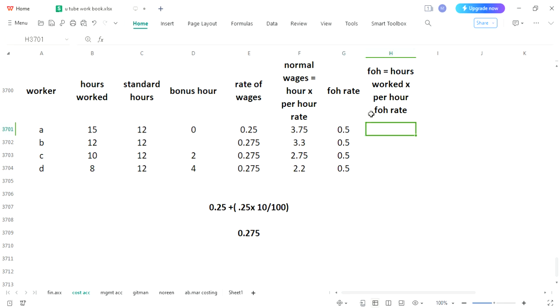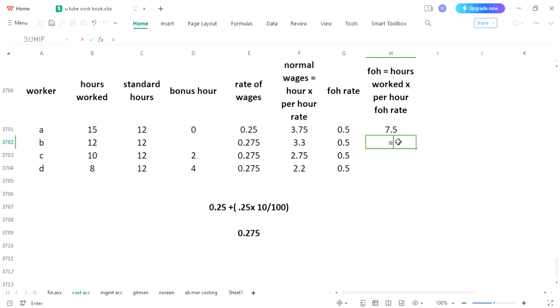We are now open to calculate our FH. How? Hours worked multiplied by per hour rate. This is your per hour rate and hours worked are present over here. So 15 hours worked for worker A and rate is 0.5. Please note it down. Hours worked 15, FH rate 0.5. So first FH is calculated.